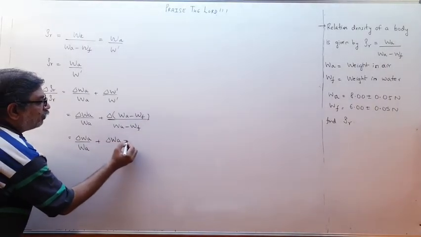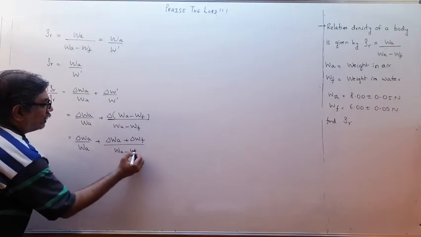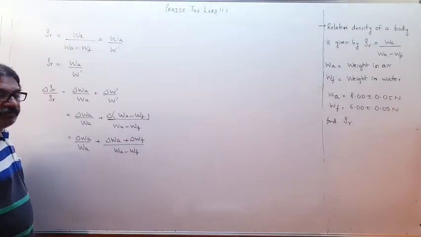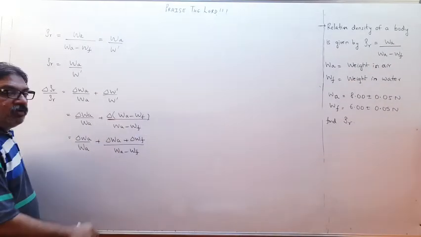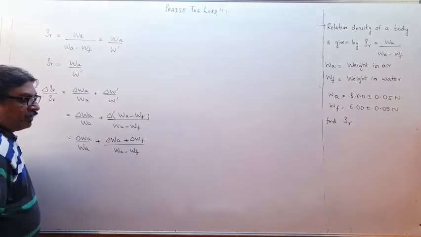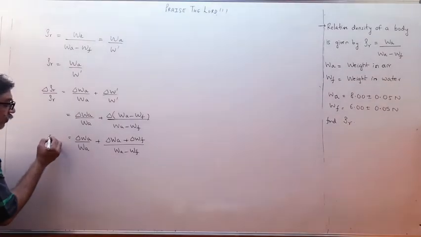This will be delta WA plus delta WF upon WA minus WF. Error in WA minus WF will be error in WA plus error in WF. It will become plus, and this will remain as such. Nothing is happening to this. So this is the formula for relative error in density.